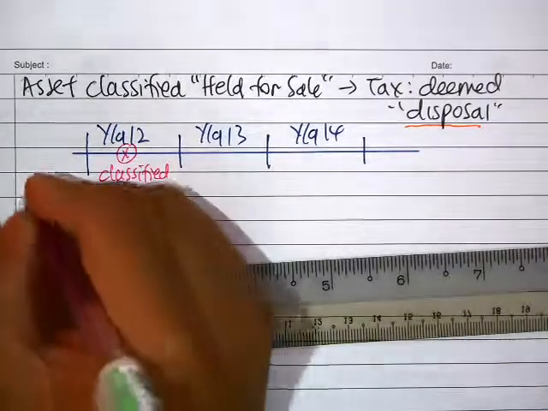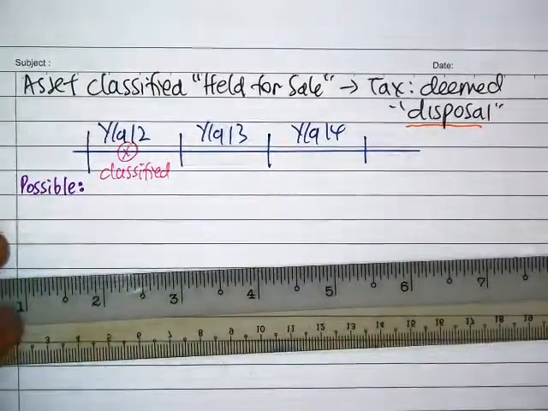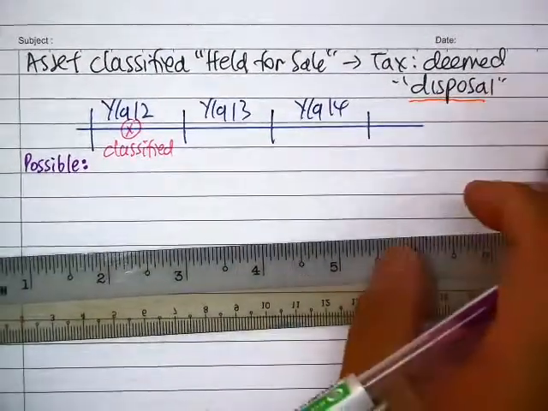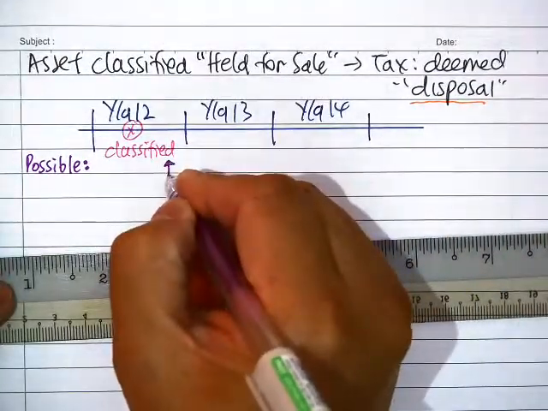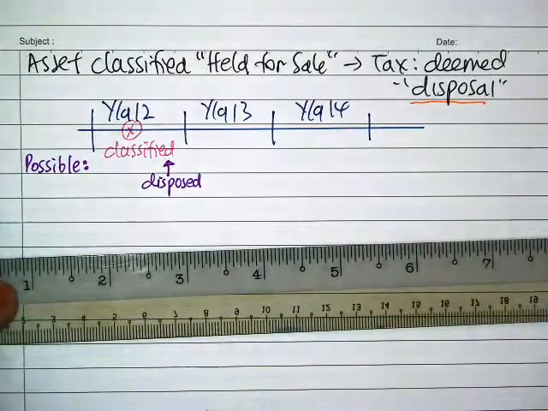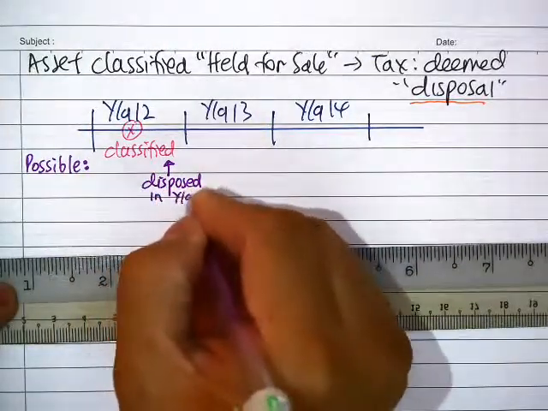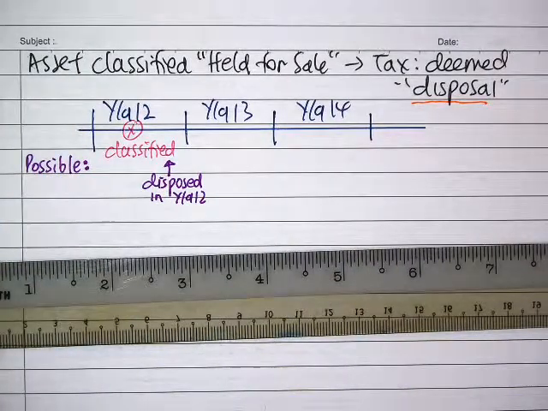There are endless possibilities. I classify in YA12 and it is disposed in YA12, in the same basis period.